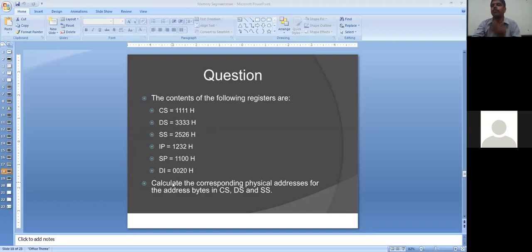Now, what do we have to do? Calculate the corresponding physical address for the address bytes in the code segment, data segment, and stack segment. Okay, so we'll do this. I'll note down this data here.